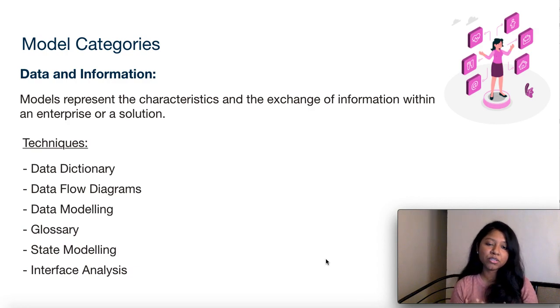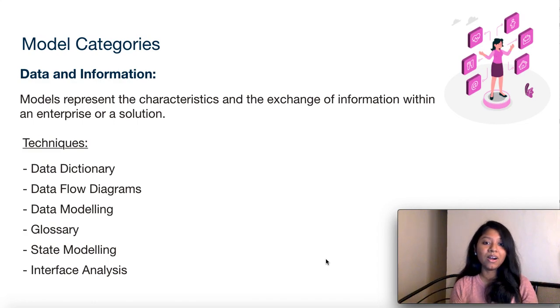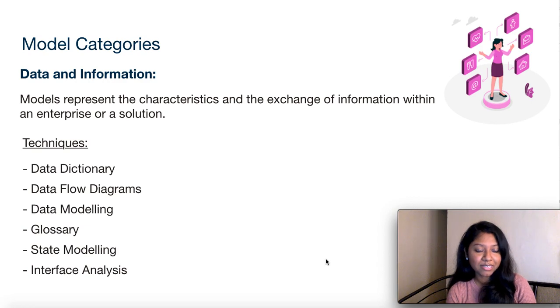It's always best to choose the right model to express the information about your requirement, so that your audience can best understand what that requirement is, and they would also be able to validate all those requirements and the information within it.